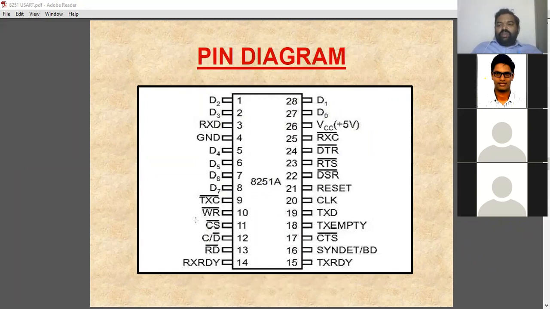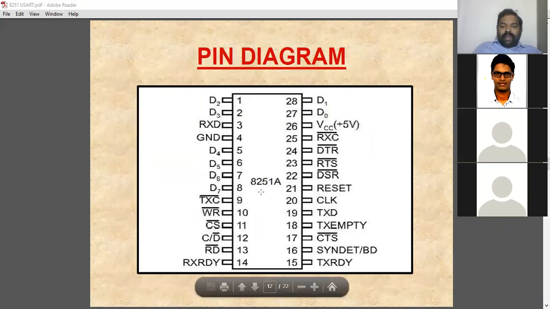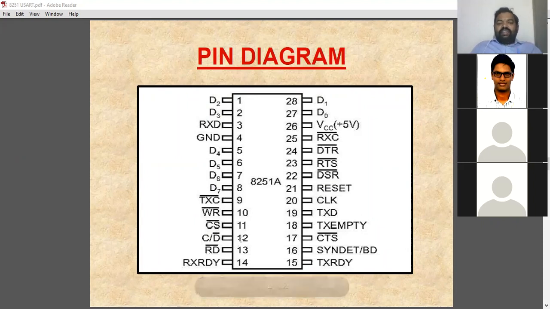Here we will be going to use the three words: mode word, command word, status word. So whenever we need to set the commands to the 8251, then at that time pin number 12 will be 1, right? For example, if we are sending the data, then it will be logic low. You please remember this, right?